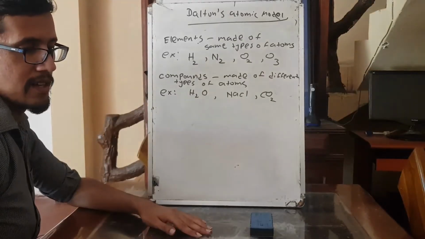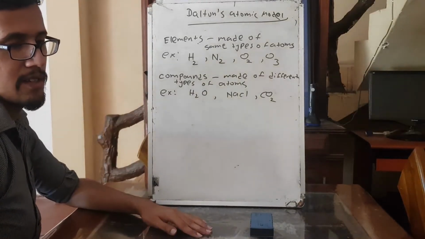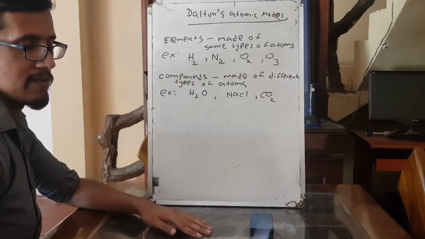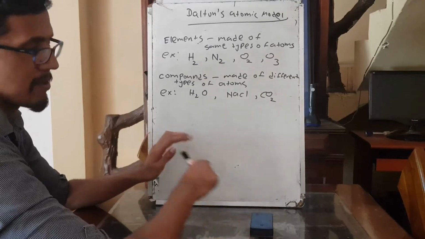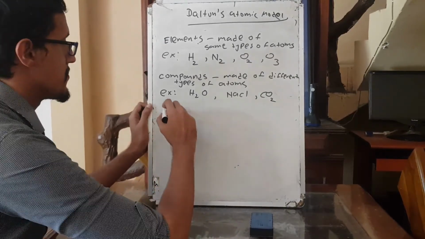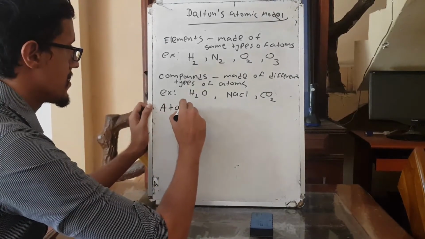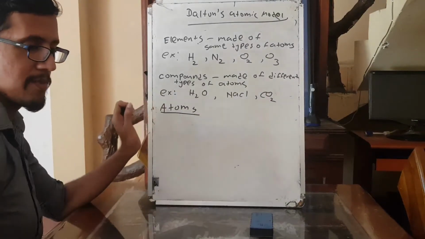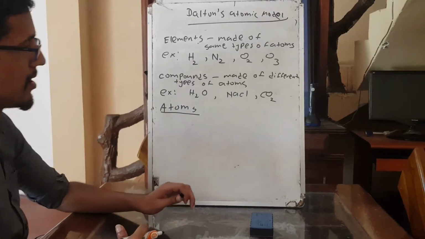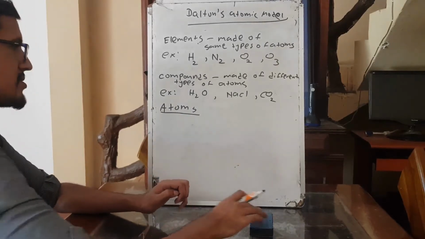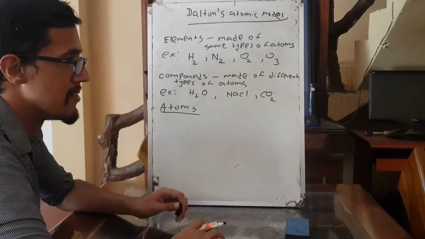So it is basically about elements and compounds. Then we will talk about atoms. Atoms are the basic thing, the smallest thing in matter. So all these are mainly atoms.